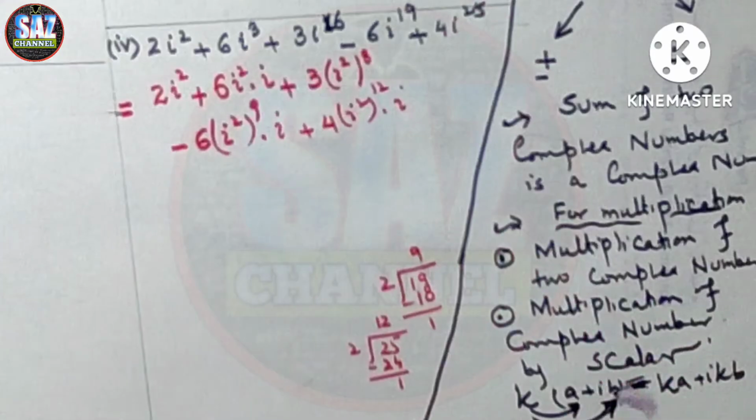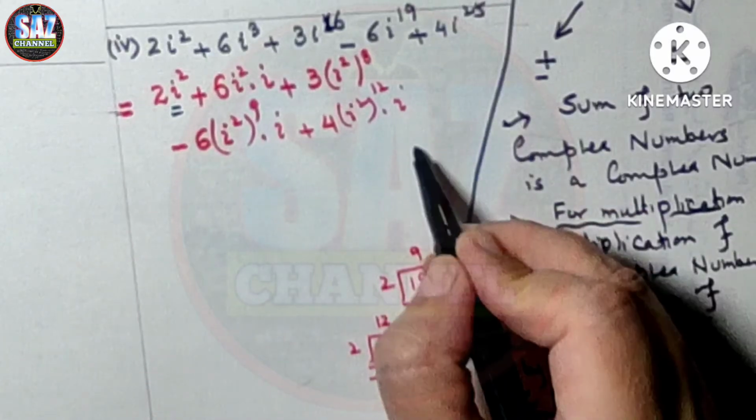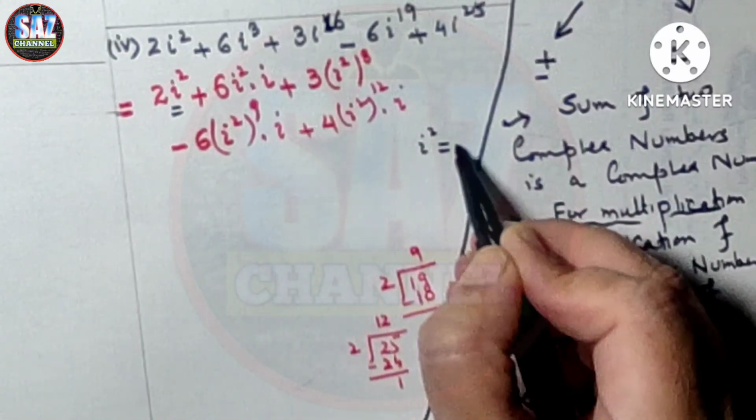Now, look, iota square has the value minus 1.